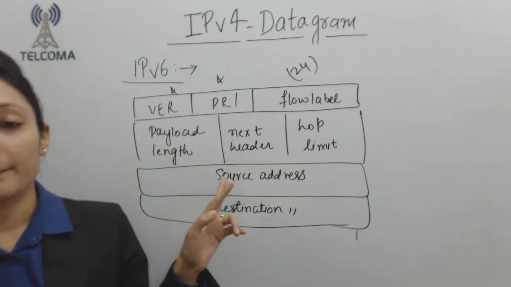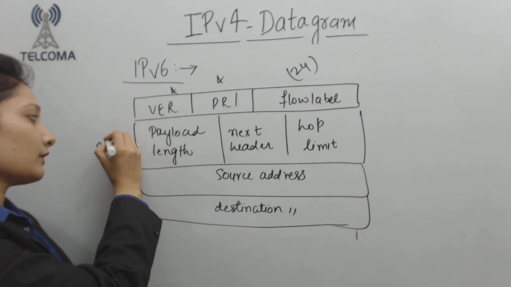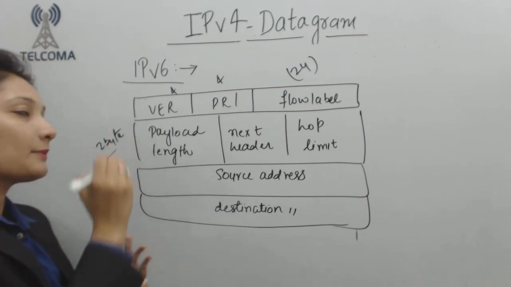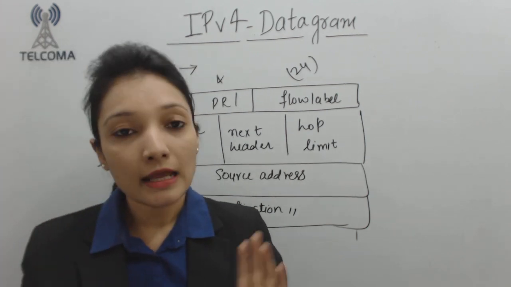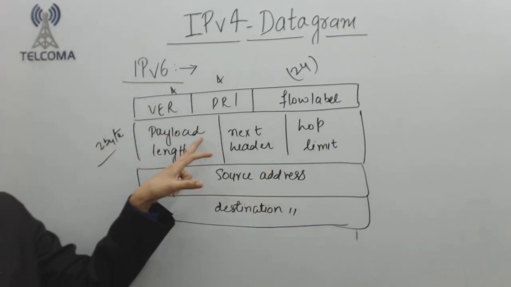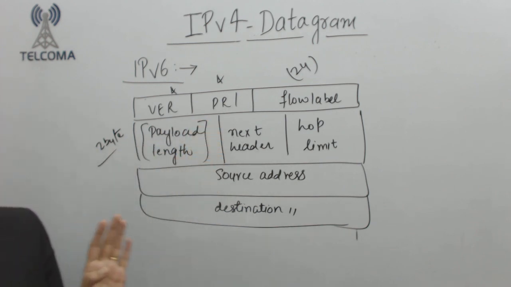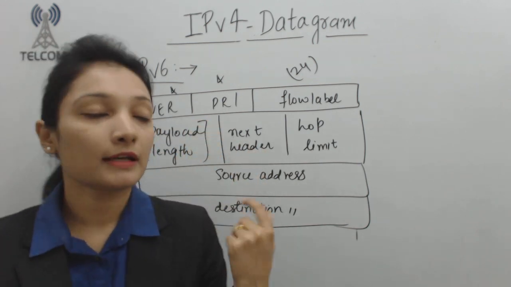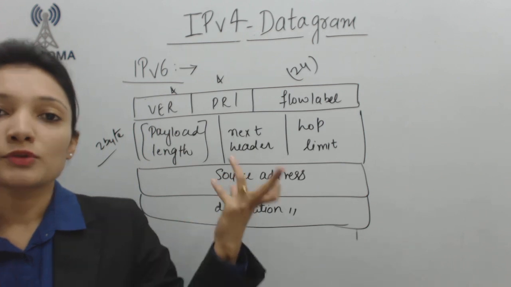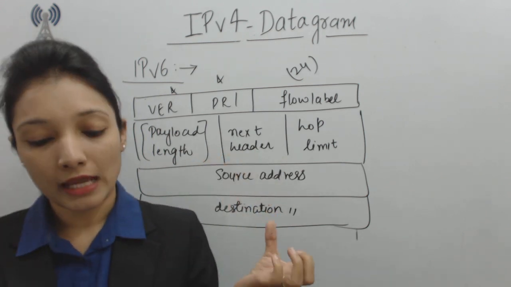Next we have the payload length. This payload length is a 2-byte, or you can say 16-bit field, which basically defines the length of the IP datagram. So this specifies the length of the complete IP datagram. Now next is the field called next header. This field is similar to the protocol field in IPv4.